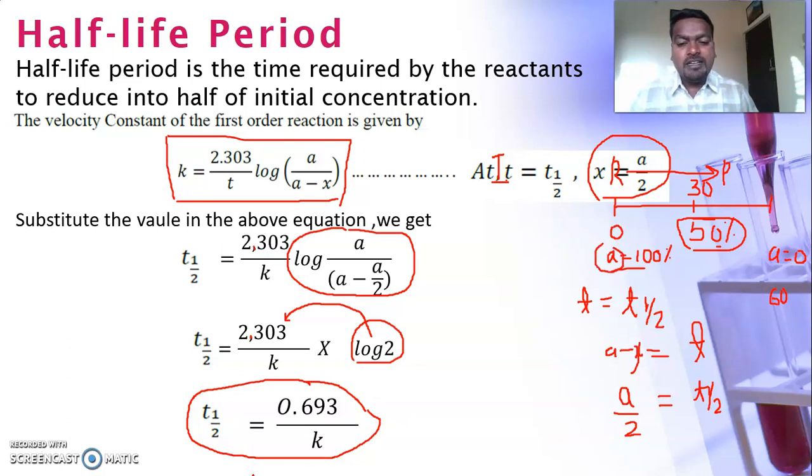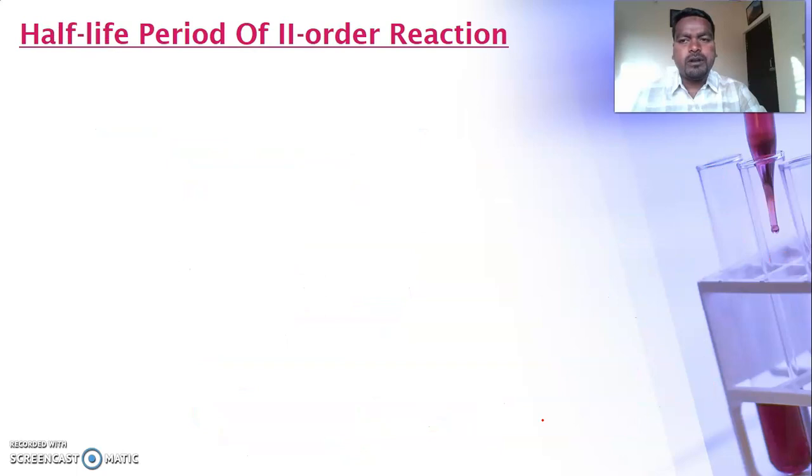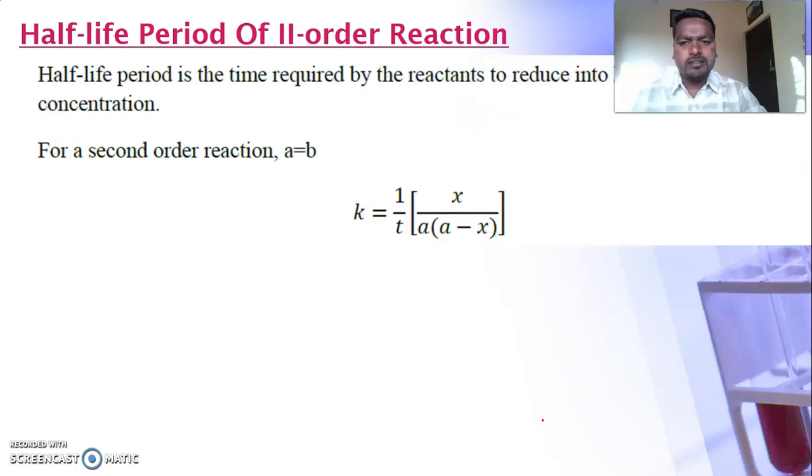Instead, it depends on rate constant k, that is t half is equal to 0.693 divided by rate constant, that is t half is inversely proportional to rate constant in case of first order reaction.